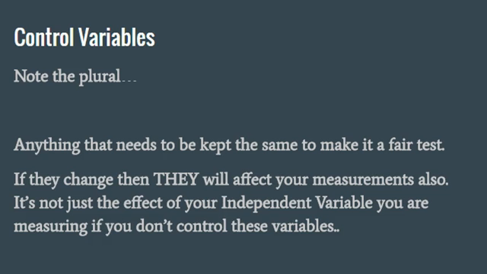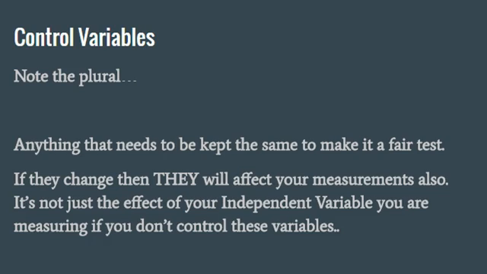Now the last thing you need to do is think about the things you have to control. So when you think about the example of, if I drop something from a higher height, does it make a bigger splat? There are other things that can affect the size of the splat other than drop height. So if you pelt something instead of dropping it, that's going to affect how hard it hits.